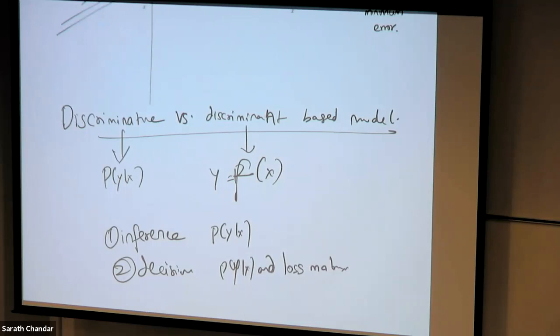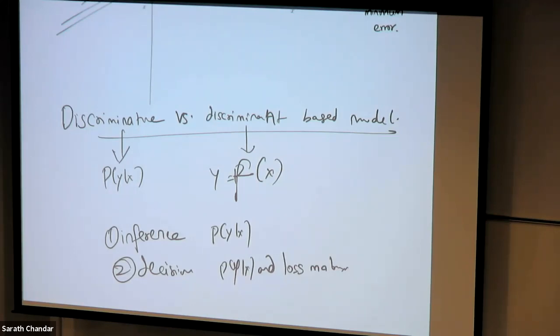In some sense, discriminant based models just compress all of this together. There's no separate decision stage. You just directly try to estimate the function. This is useful in some situations, but there are some situations where discriminant-based models are not useful.